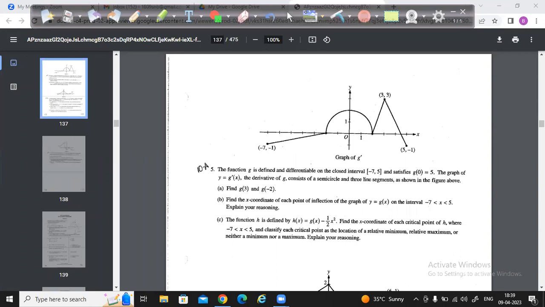The function h is defined by h of x is equal to g of x minus half of x square. Find the x coordinate of each critical point of h, where minus 7 is less than x less than 5, and classify each critical point as the location of a relative minimum, relative maximum, or neither.